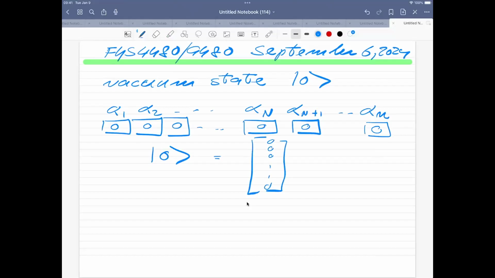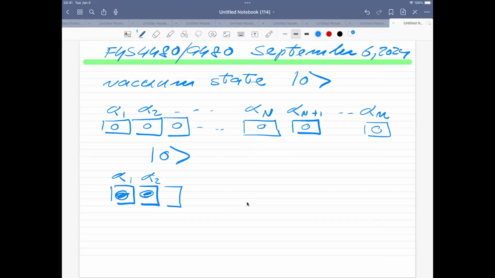But this is now a vector in this space of states. And if we now have 2 particles, for instance, suppose we fill alpha 1 and alpha 2, then we would have a new state. So let's suppose we have this one, and this is alpha 1 and alpha 2 here, and then we have this infinity of states which moves on like that.